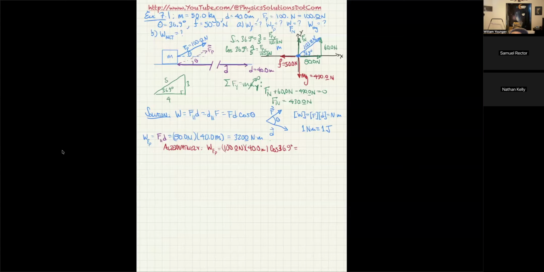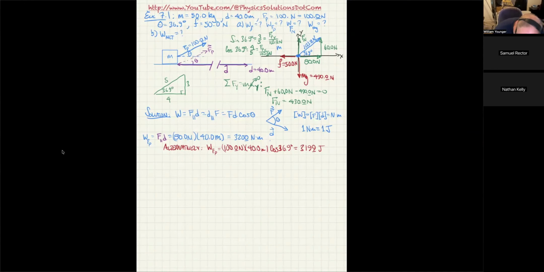And when we do that, we say 100 times 40 times cosine 36.9, and that gives us 3,199 joules, which obviously is only good to 3 sig figs, which gives us exactly the 3,200. So you can see that either way works.